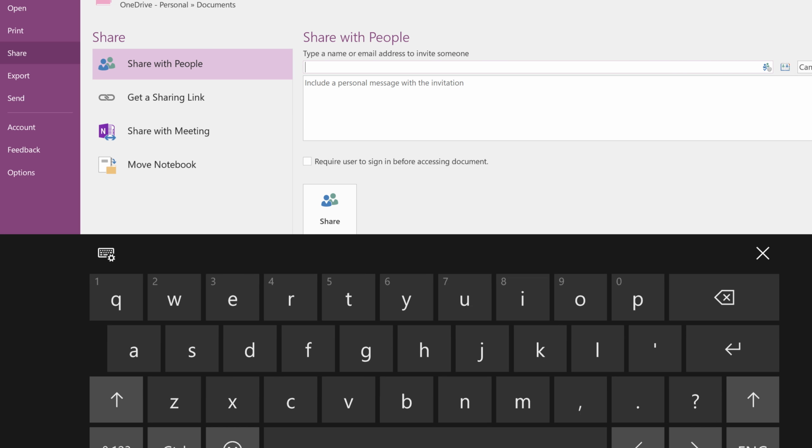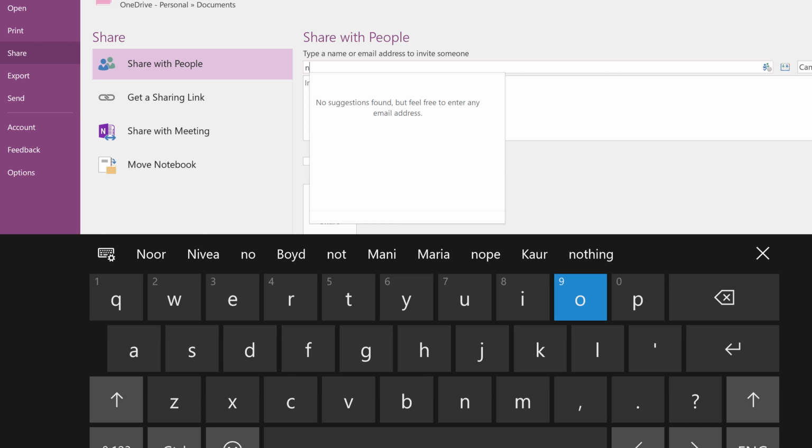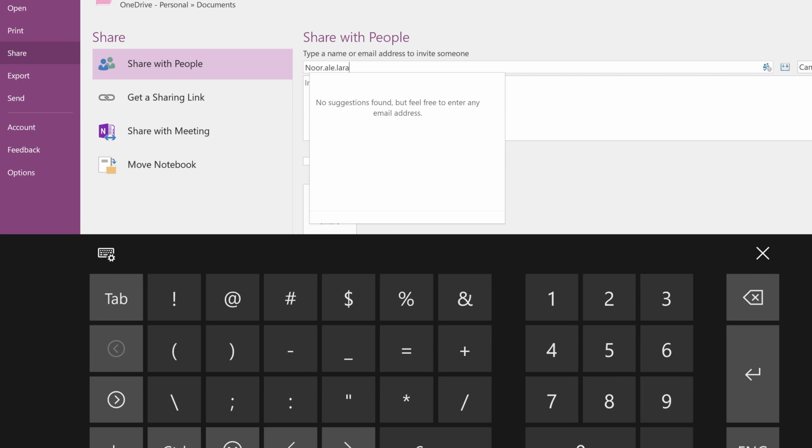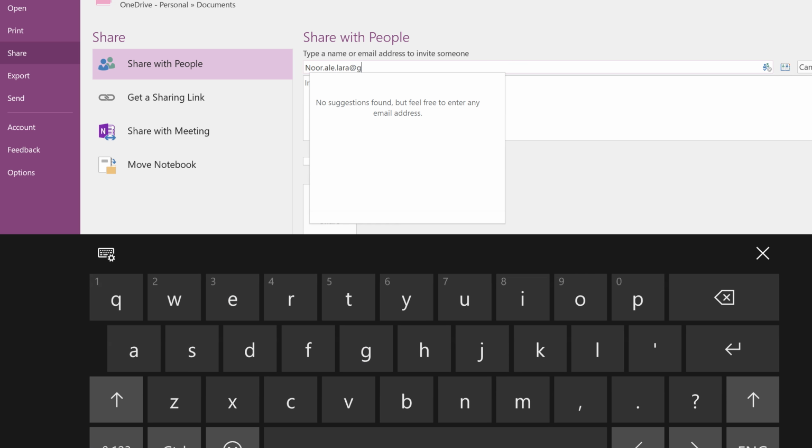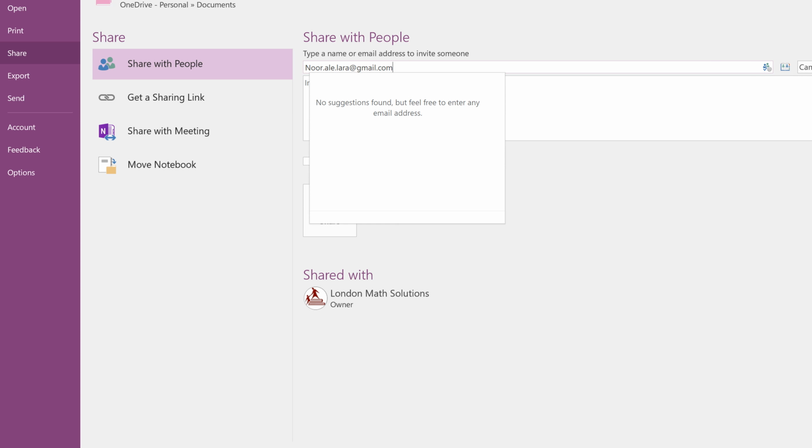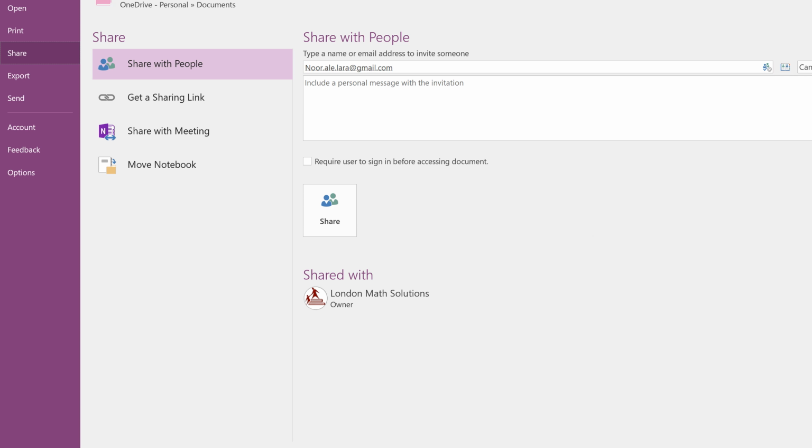Can I press it or do you need to press it? Just tell me. Noor, dot ALE, my brother's last name and mine, dot LARA at gmail.com. Alright, so that's right, right? Yeah.